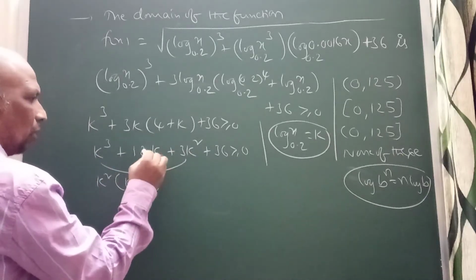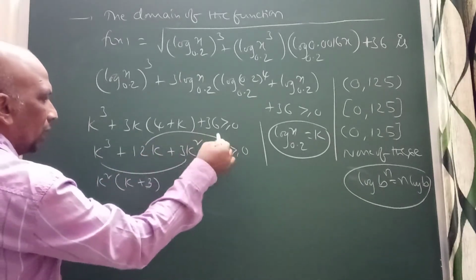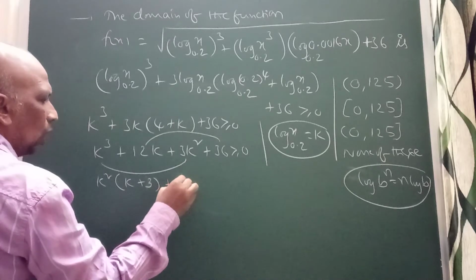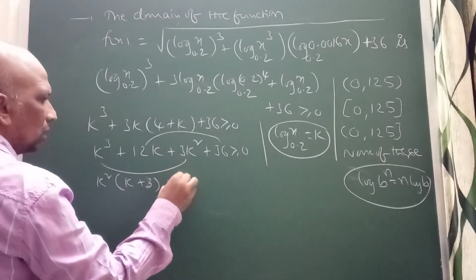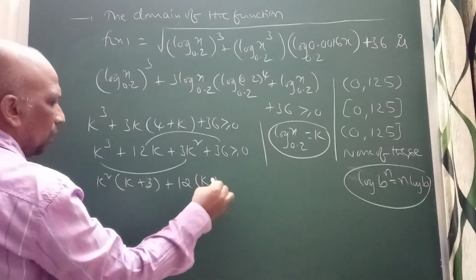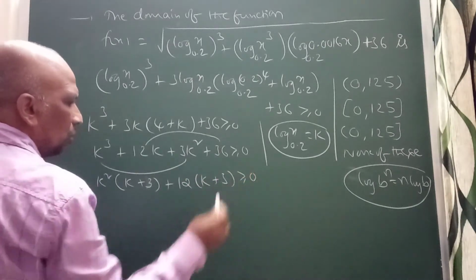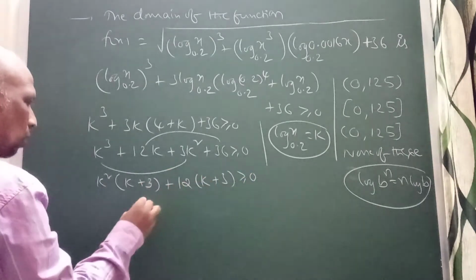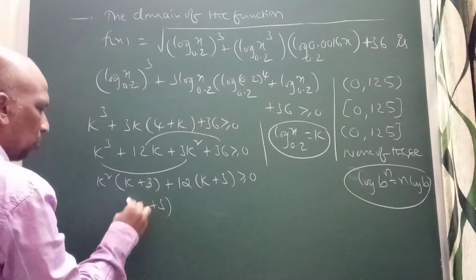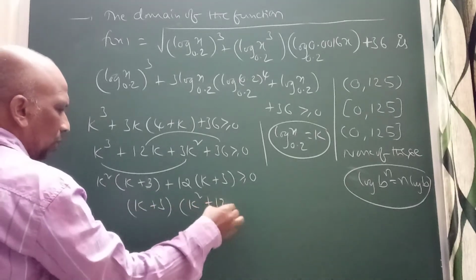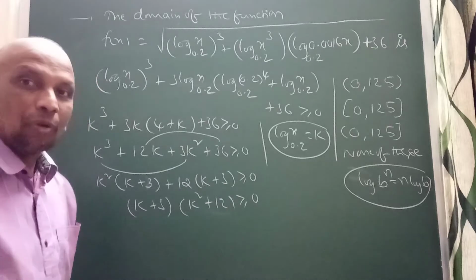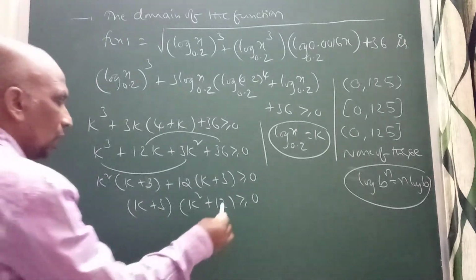From these two, I can take 12 common, k plus 3 greater than or equal to 0, right? From these, k plus 3 common, so k plus 3 into k square plus 12 greater than or equal to 0. But we know that for every value of k, this is true, right?